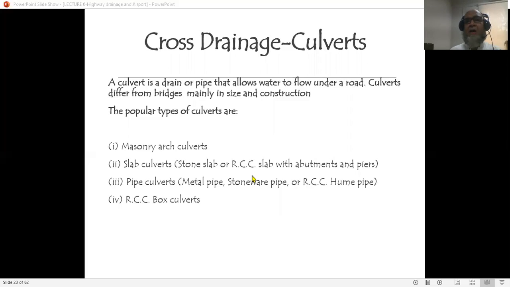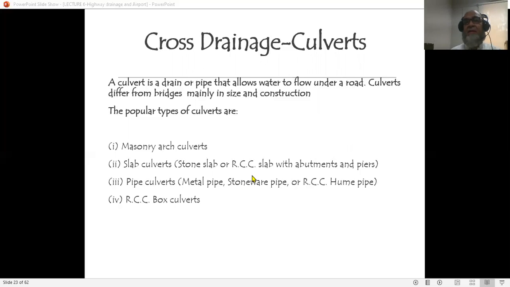People are often confused between a culvert and a bridge. So any bridge that is less than 6 meters long, you can say it is a culvert. The rest is a bridge. The height of a culvert is lesser as compared to the height of a bridge.